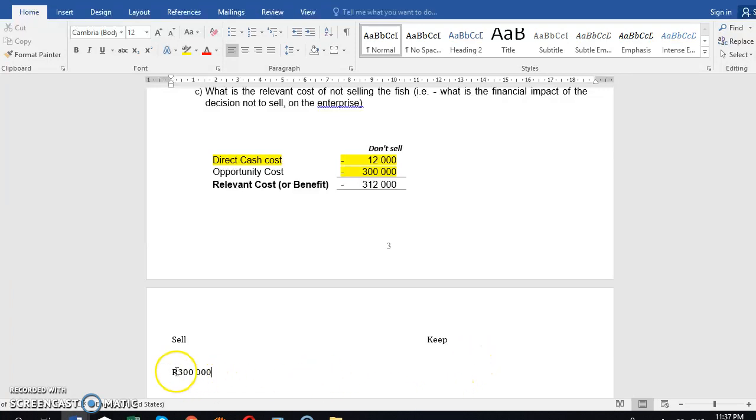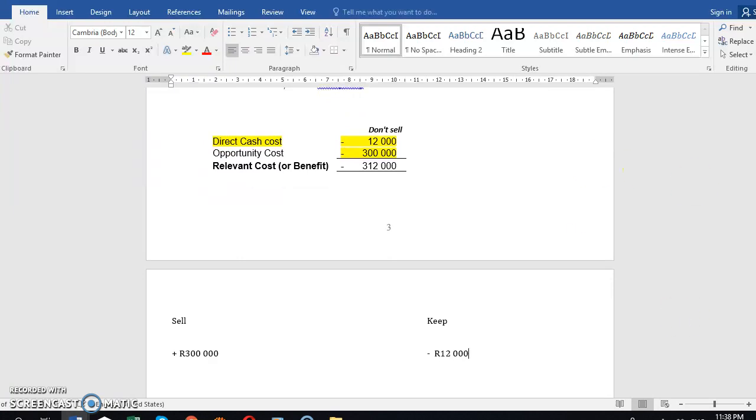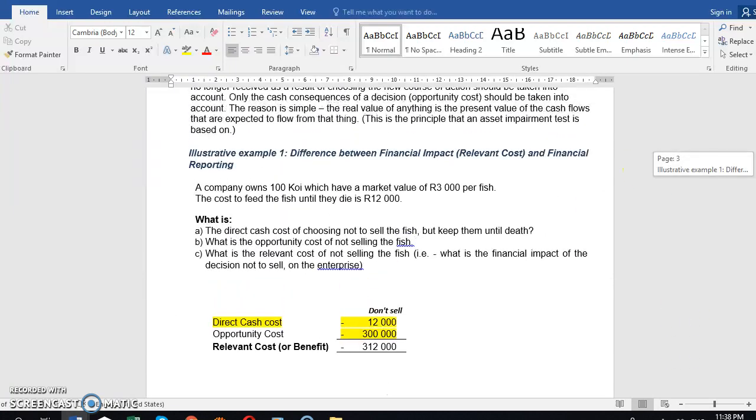Okay, that's positive, right? 300,000 coming in. If you choose to keep the fish, on the other side, you have to feed them until they die, and that's going to cost you 12,000. Alright, negative.